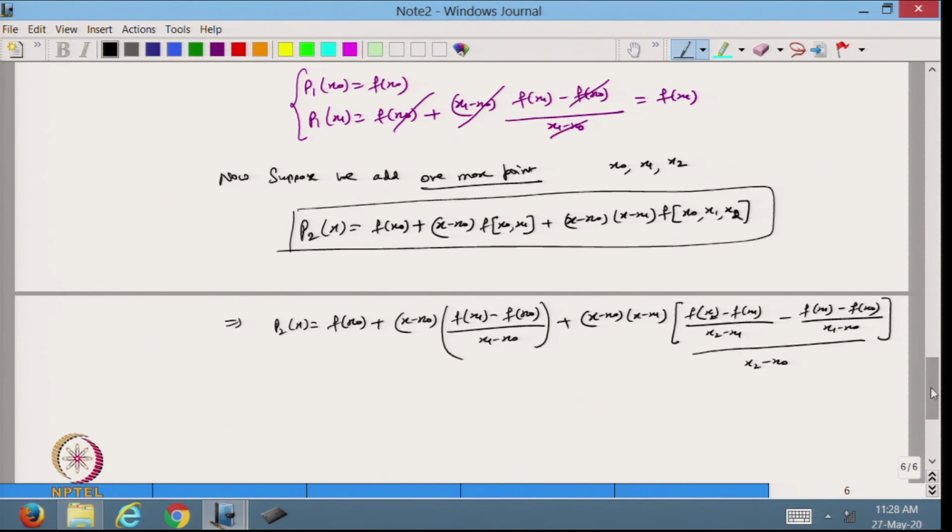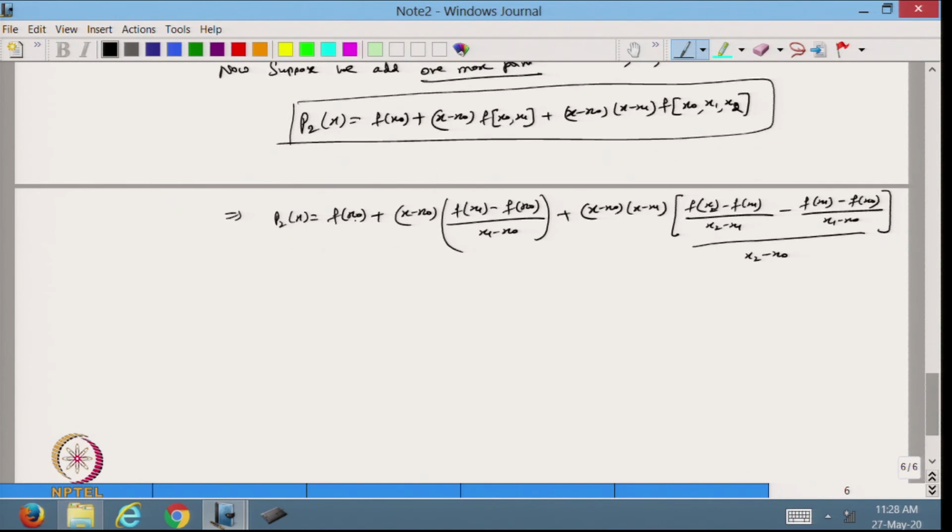Now, from here, if I put x equal to x0, this all will be 0, I will get f(x0). So, p2 at x0 will be f(x0). Now, p2 at x1, so this will be f at x0.